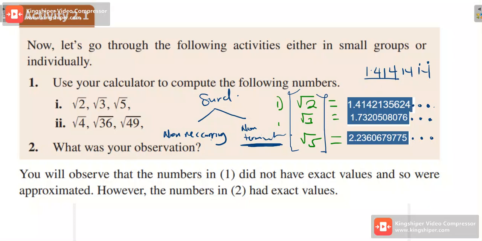Let's look at the next aspect, that is the second one. We have root of 4, we have root of 36, and we have root of 49. Let's look at root of 4. Use your calculator.